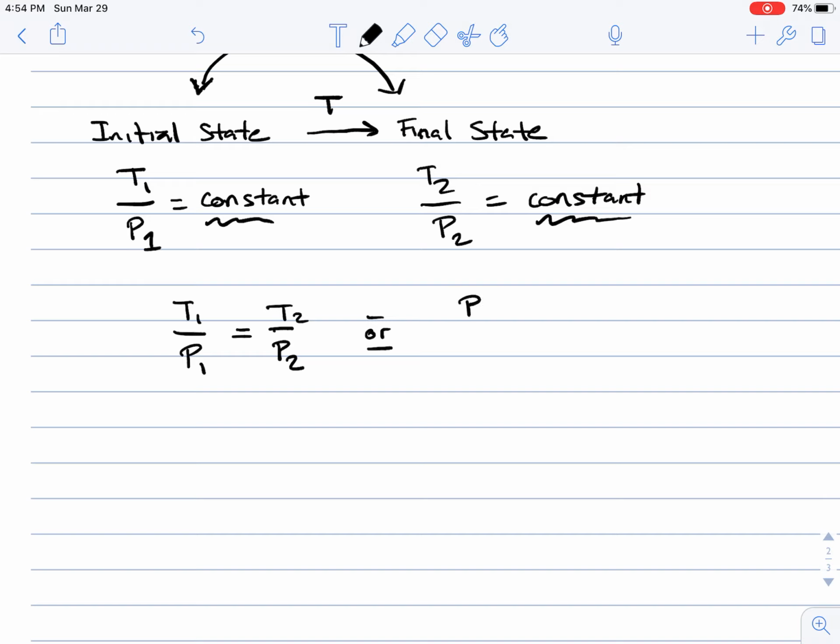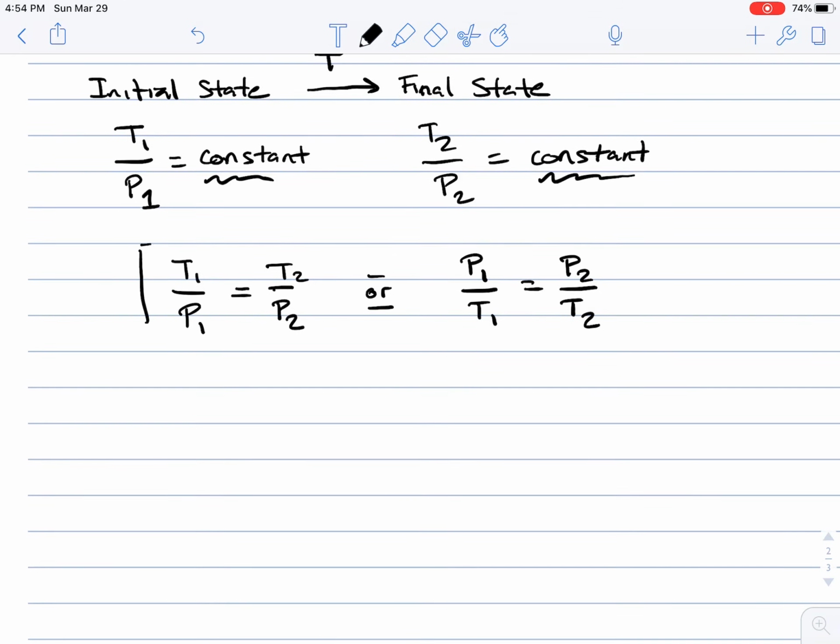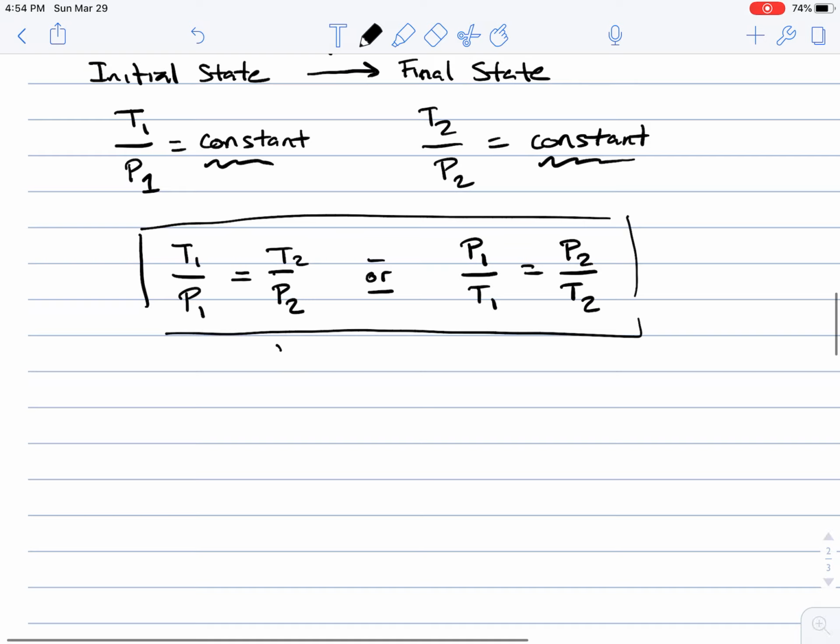And so, for example, you might see P1 over T1 is equal to P2 over T2. And these forms are equivalent to each other, so you wouldn't be wrong if you used one or the other. And so this mathematical relationship is known as Gay-Lussac's law.